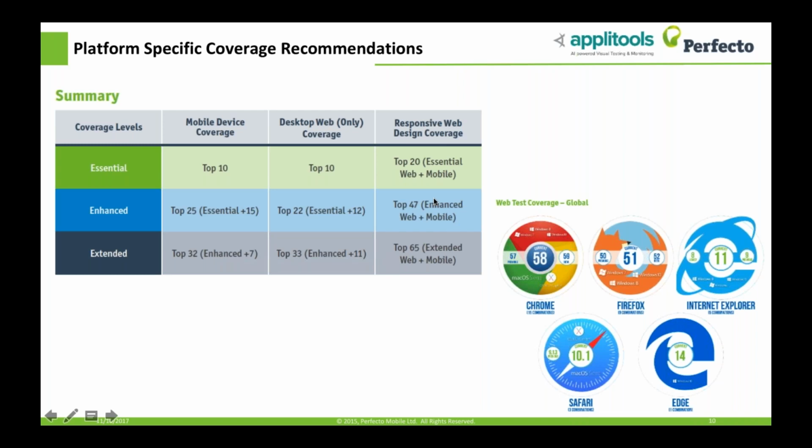So you have the top 20, the top 47, and the maximum coverage for responsive websites that you can aim for would be 65 desktop browser permutations and mobile devices, OSs, tablets, and so forth. This will give you the highest possible coverage and risk mitigation for your responsive website.